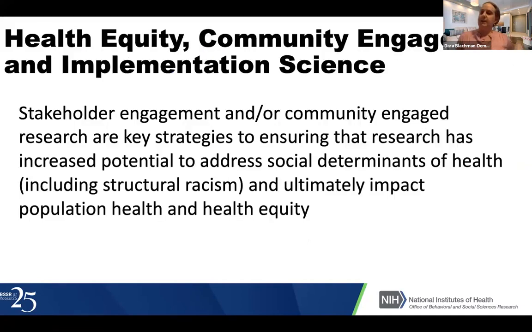Another area that's been getting increasing attention is thinking about how health equity fits into all of this, and an increasing recognition that this type of stakeholder engagement and true community partnership is really necessary to ensure that the research that we're all conducting is ultimately able to address social determinants of health and impact population health and health equity.